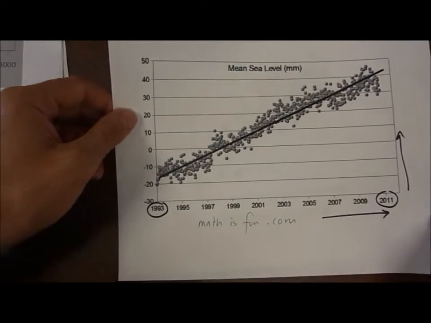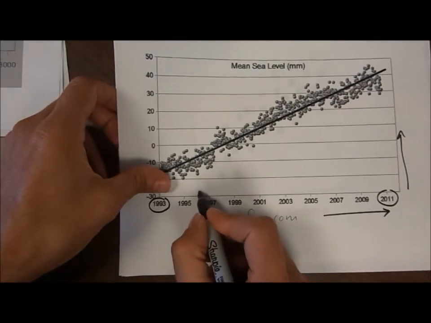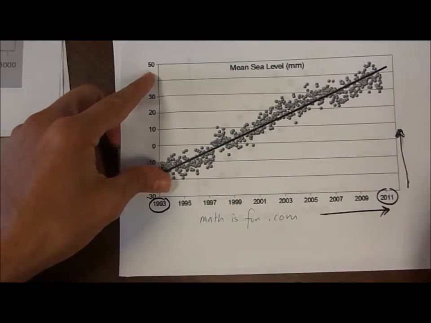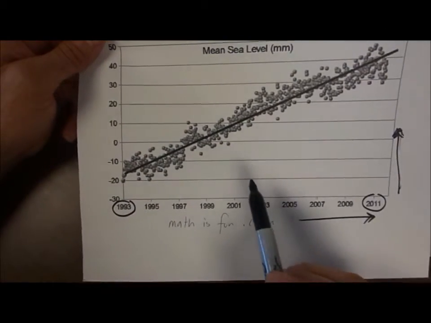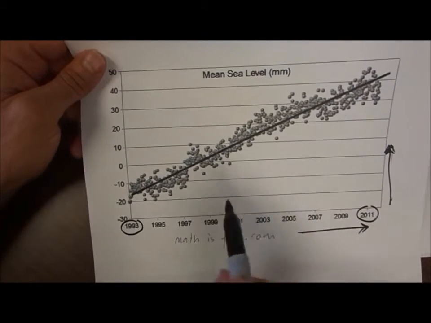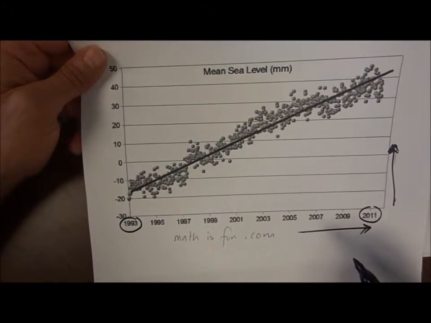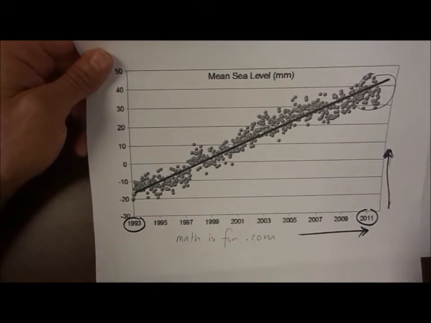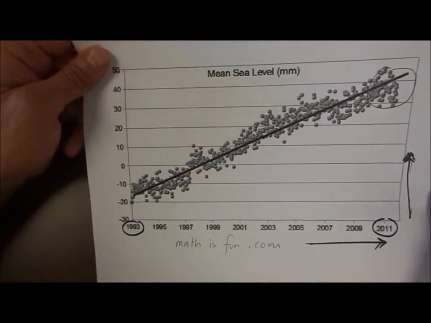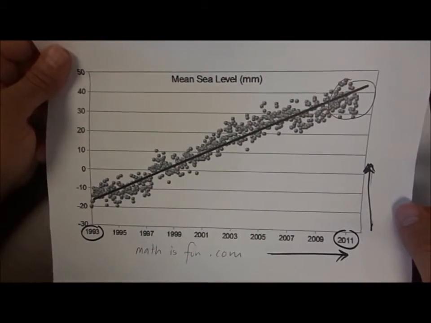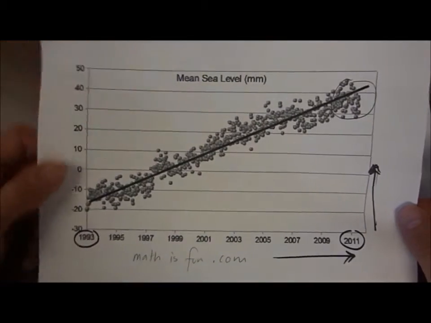And you'll notice that as time goes by, the sea level is rising. This is one of the data sets that's used a great deal by those who speak of global warming. Because if the ice caps are melting, then the sea level is rising. That's what they're saying is making the sea level rise. I'm not going to get political on that. I just wanted to show you the chart.